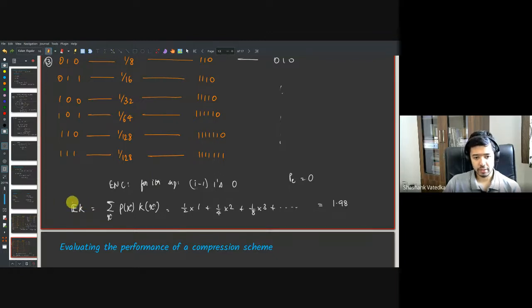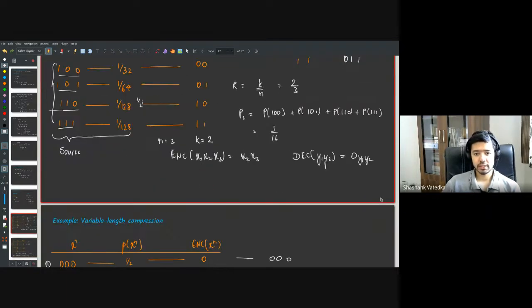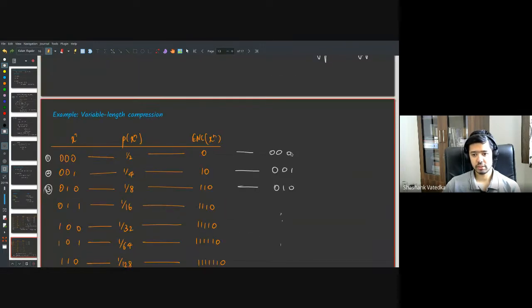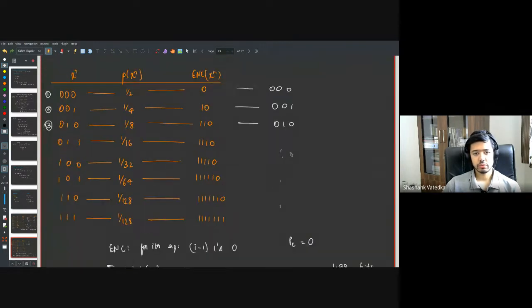The expected compressed length is 1.98 bits. Whereas in the fixed length case, the compressed length is always equal to 2 bits. You can't get it down below 2 bits if you want a probability of error of 1/16. Right? So this is nice.